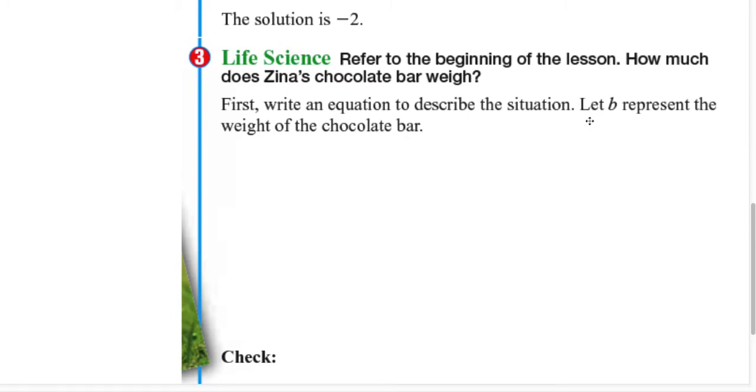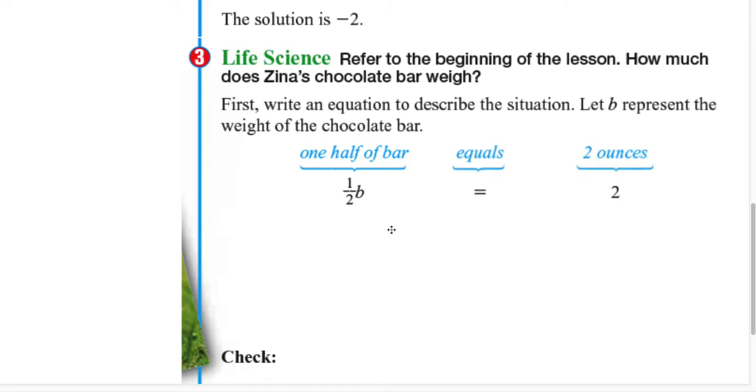In this case, we let B represent the weight of the chocolate bar. So our equation would be 1/2 of the bar, which is 1/2 B, equals 2 ounces, or 2. So we want to solve the equation 1/2 B equals 2.